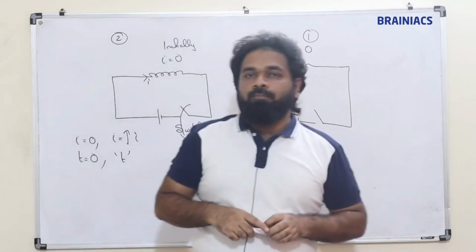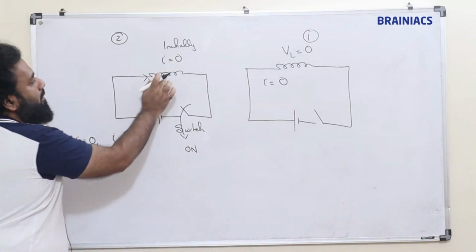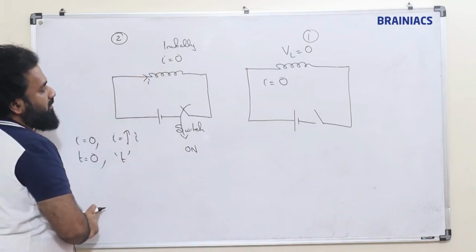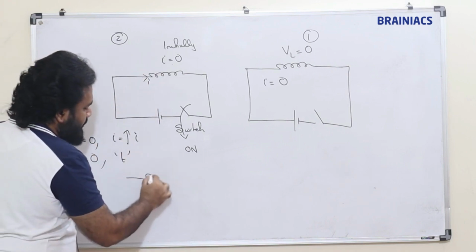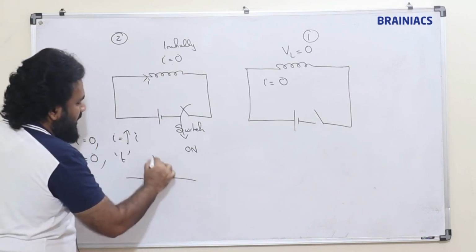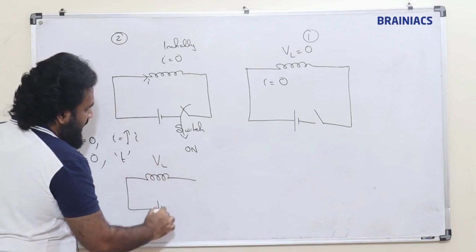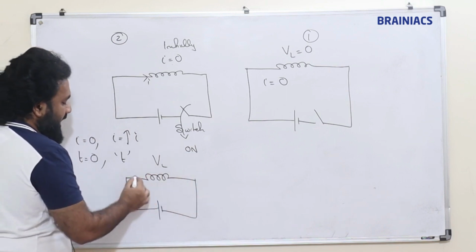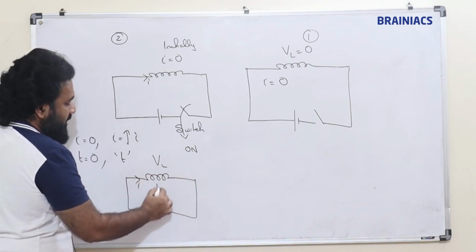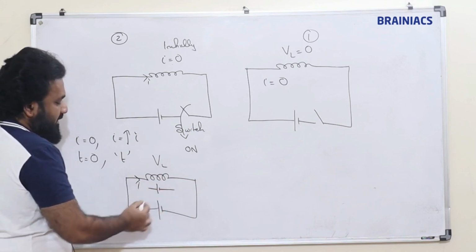Current is coming now. So immediately this will try to oppose. At that moment there will be an induced EMF which will try to oppose. So when current is coming in this direction, this induced EMF will be opposing this current.